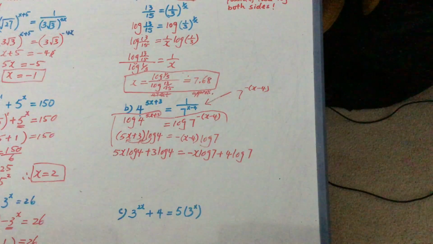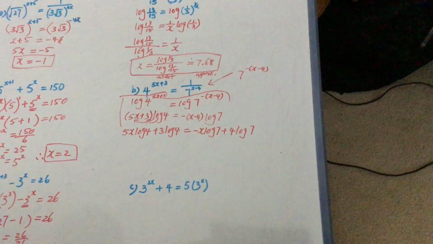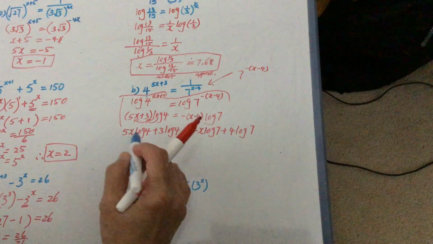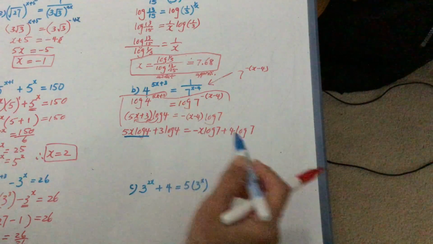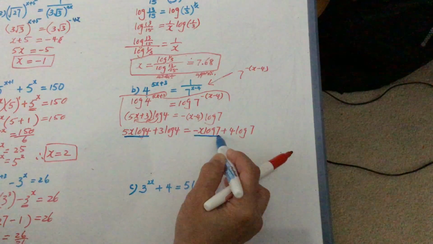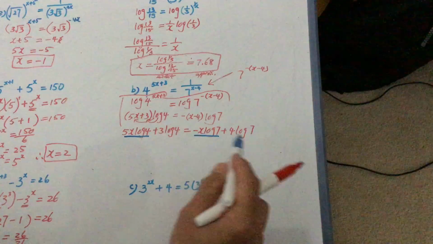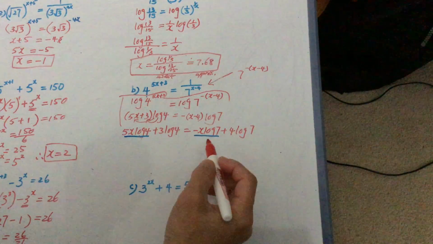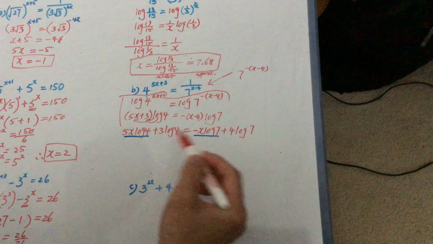Okay, so now what we have, I want to show you where the x is. The x terms are this one and this one. The other terms that have no x are just constants. So I will need to gather all like terms together.